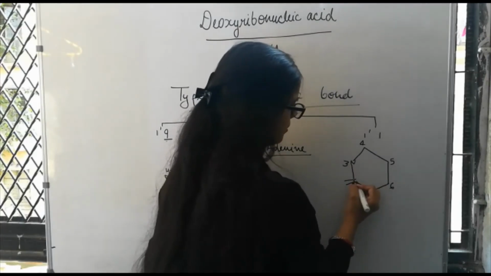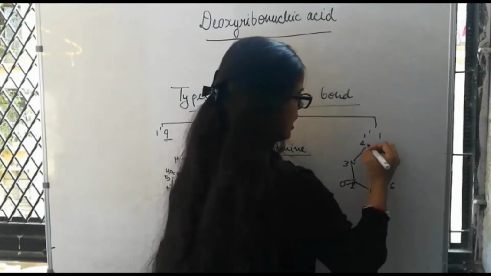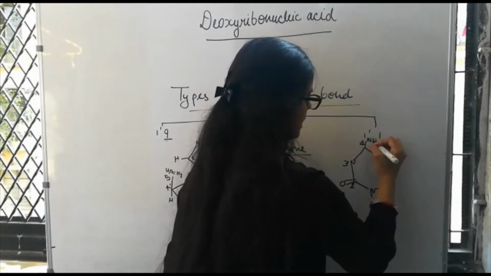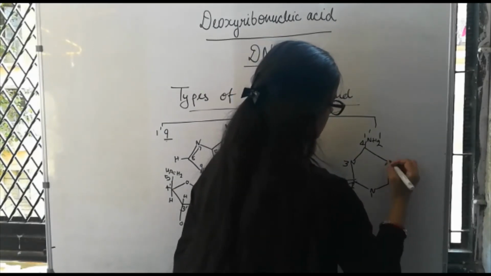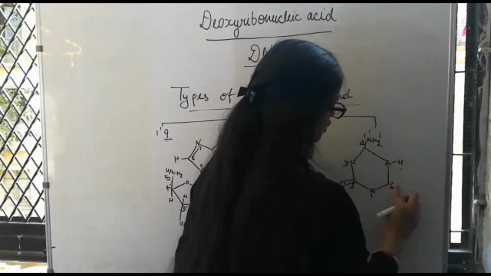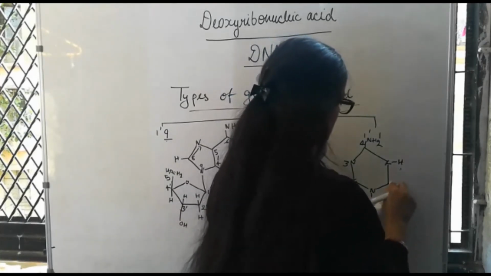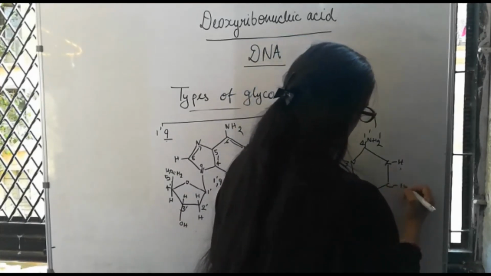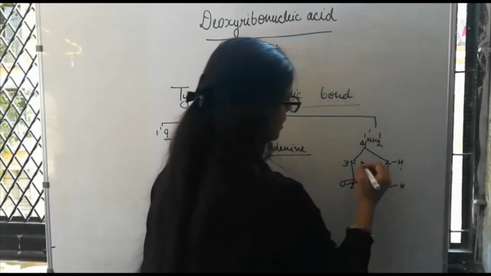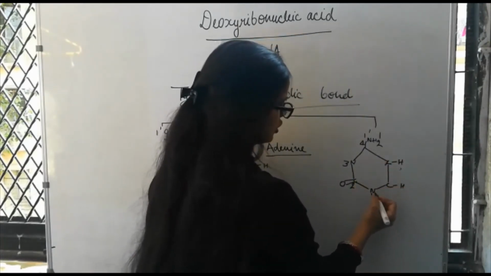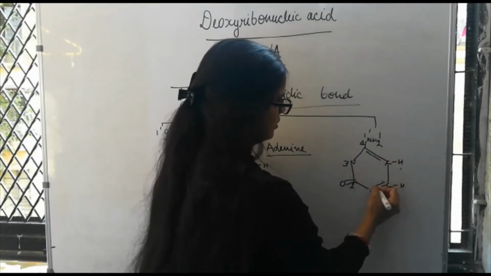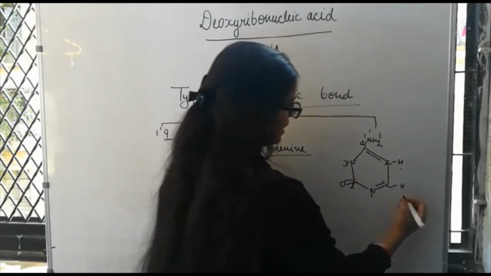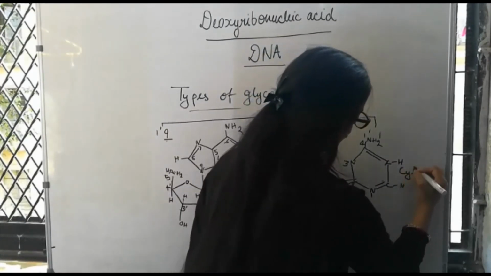Here carbon with O, and here NH2 is attached, and here C is attached with H, here also C attached with H. This is the structure of pyrimidine cytosine.